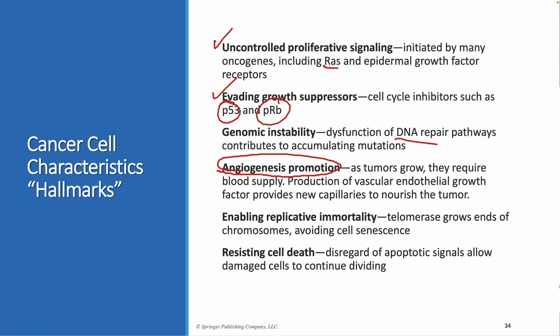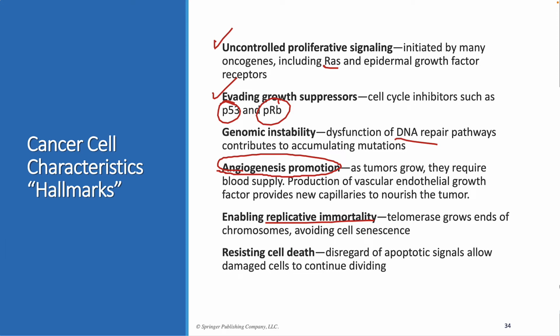We can either have no angiogenesis so that cancer cells can't grow and then people have heart attacks and strokes, or we can have angiogenesis that allows you to have revascularization without surgery, but then cancer is going to run rampant. So that's our conundrum that we have. Again, angiogenesis is required because you have to have a blood supply to feed those cancer cells. There is this replicative immortality. I love that.